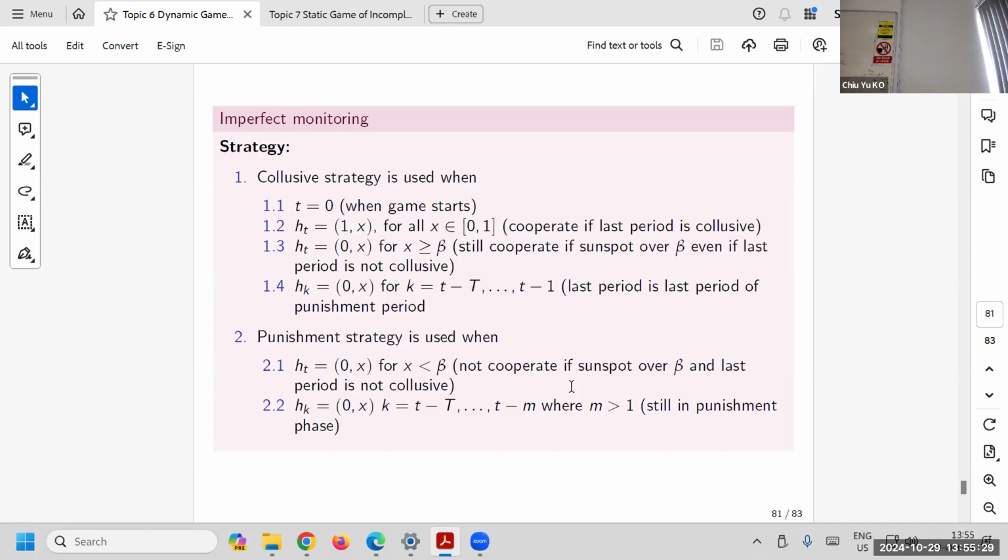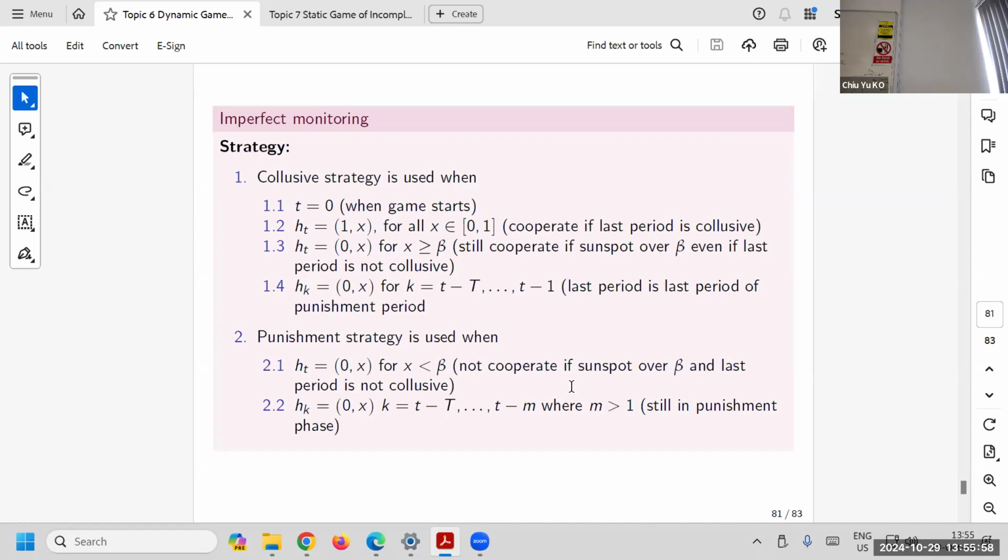And look at this: we already punished the guy for T periods. We have been not colluding for T periods, then we forget. We have limited memory. So if we have been punished for T periods, we start fresh. We cannot punish forever, right?